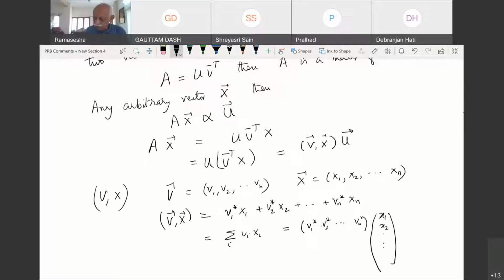So this is v bar transpose, and this is x. When you do the matrix multiplication, a 1 by n matrix times an n by 1 matrix, you get a scalar, which is ⟨v, x⟩, the inner product.